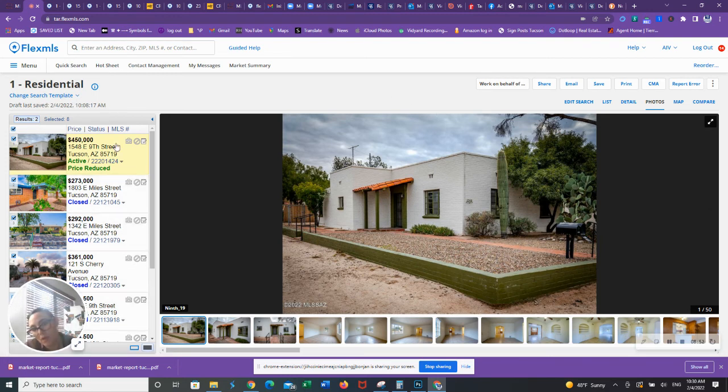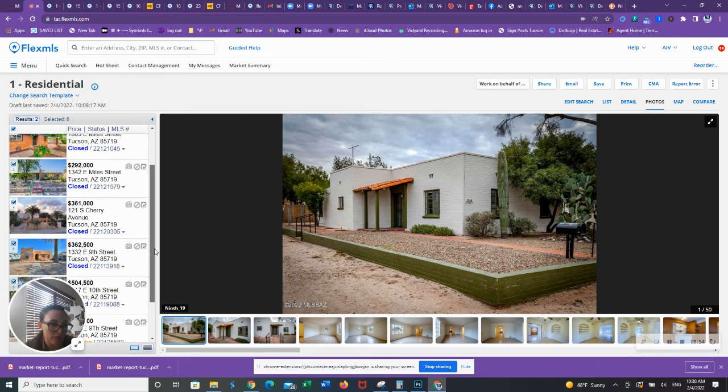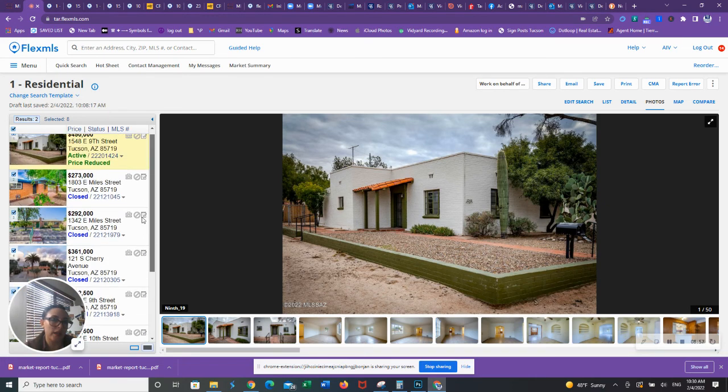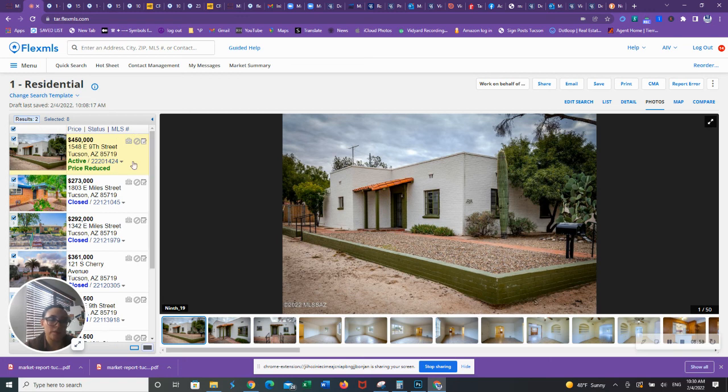So I would have to go through all of these to see if they have a guest house, or if they have a second unit that they can actually rent out. So what I'm going to be doing is I'm going to be doing comparables from the multi-family unit income properties, because that's where they may be getting this value from.